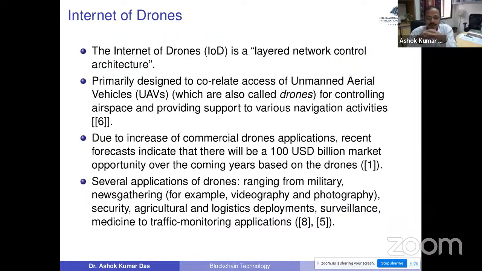Now let me give a very brief introduction of what is known as the Internet of Drones. This is just like the Internet of Things, where drones are treated as the things. They are deployed in a certain deployment area known as the flying zones.